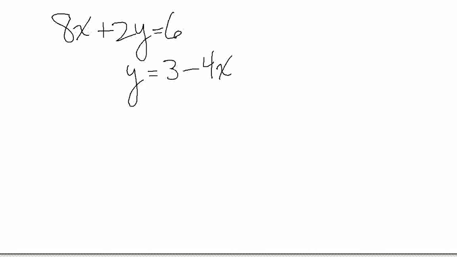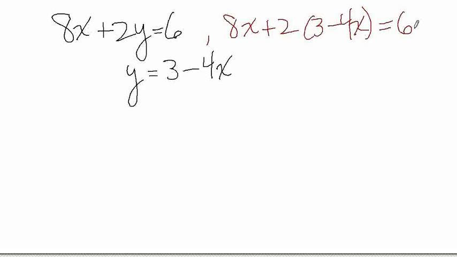So we already have y in terms of an expression in x. So let me replace y in the first equation with that equivalent expression. So that will give 8x plus 2 times (3 minus 4x), and that's equal to 6.